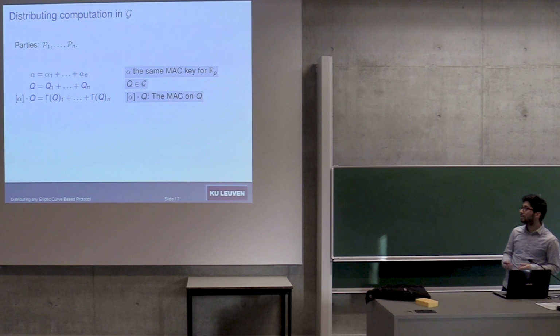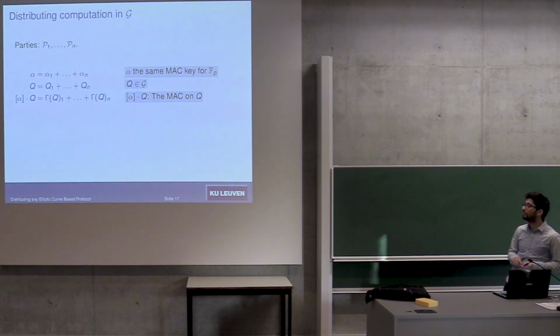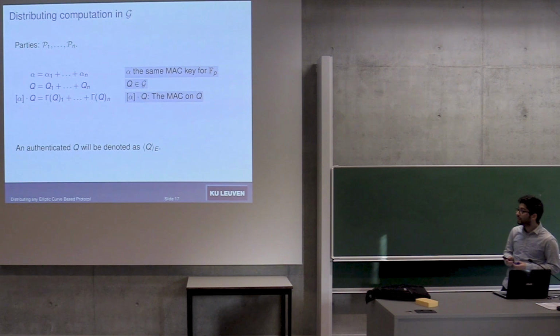So we will consider a MAC key, and it has to be the same MAC key used for computation over the field. Then the authentication of a point over the elliptic curve will be the point multiplication of this point with the MAC key alpha, and every player will hold a share of that value. From now on, we'll denote an authenticated Q as Q between brackets with subscript E.